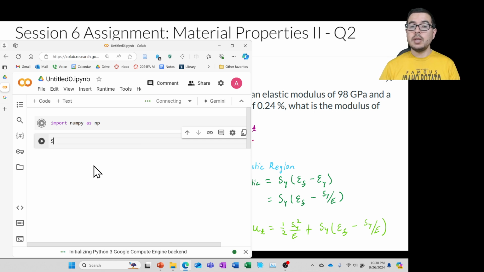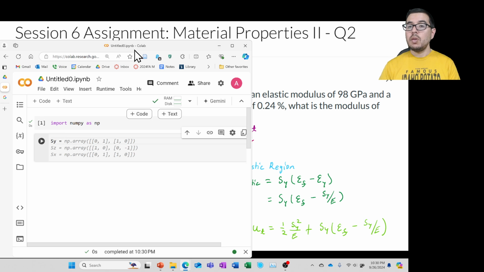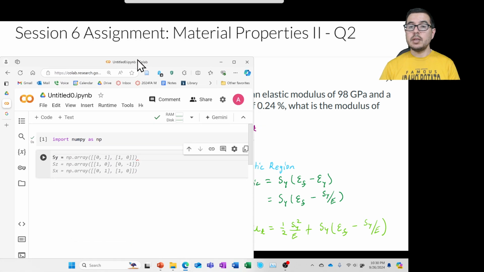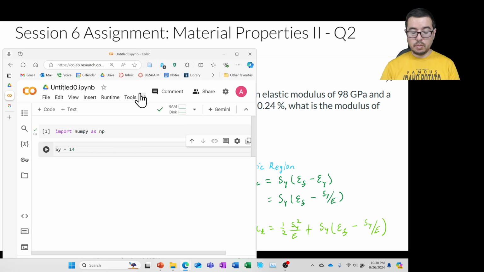So sy was 147 megapascals, but I'm going to say just times 10 to the 6, with units of pascals now. We have an elastic modulus, which was 98 gigapascals, so we have 98, and we'll do E9 from the get-go.